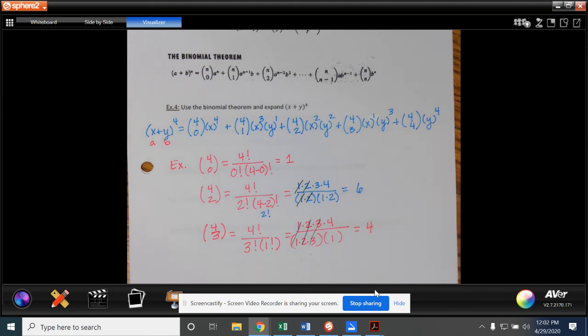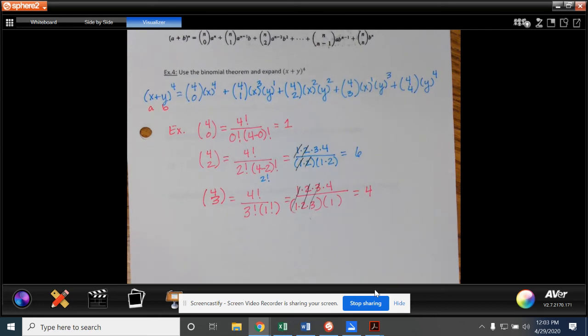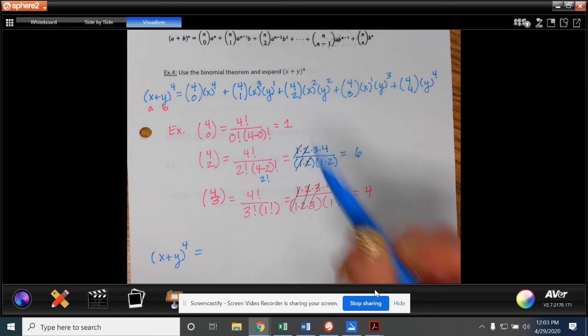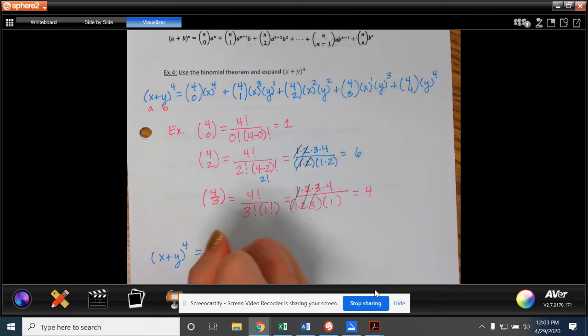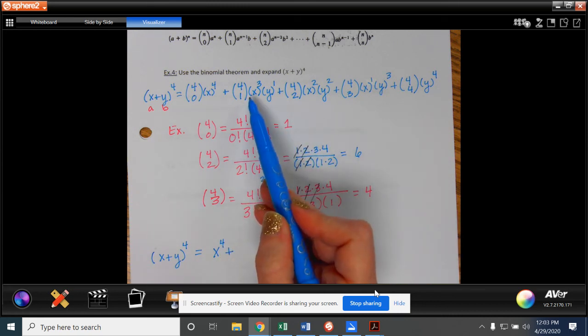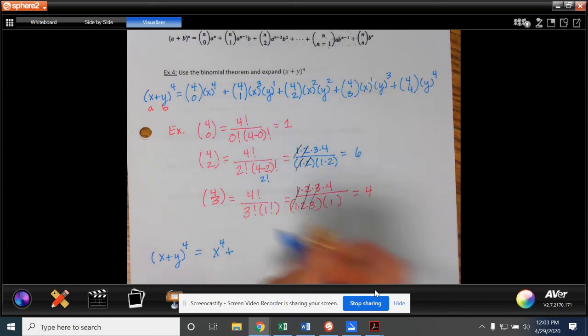So after you've done all of them, our final answer would be what the beginning piece asked. It's x plus y to the 4th equals, this is the coefficient of the first term, so it's 1 times x to the 4th, plus this one ends up being 4, so that's one I didn't do. So it's 4, and then I have x cubed y.